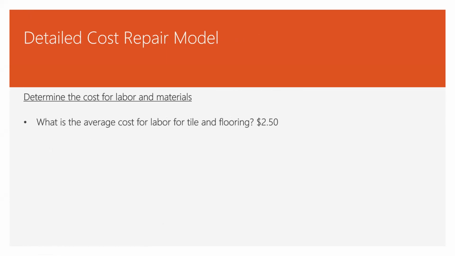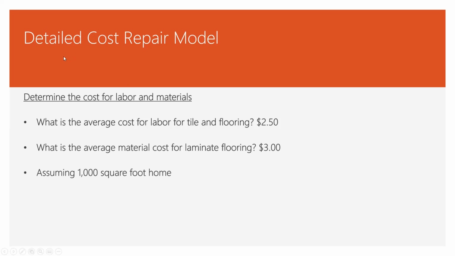Let's assume, what is the average cost of labor for tile and flooring? Well, I know that today to be about $2.50 per square foot. I also know that the average cost for material for laminate wood is right around $3, right?